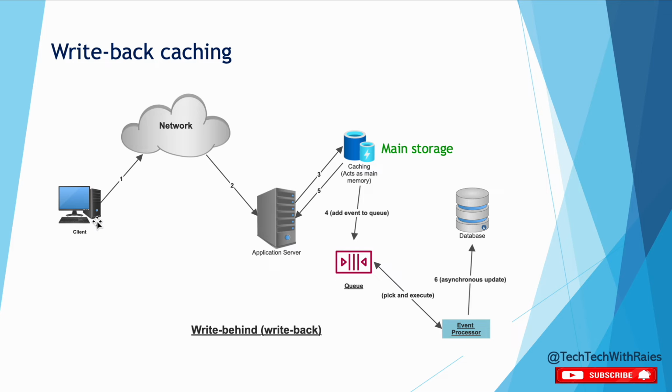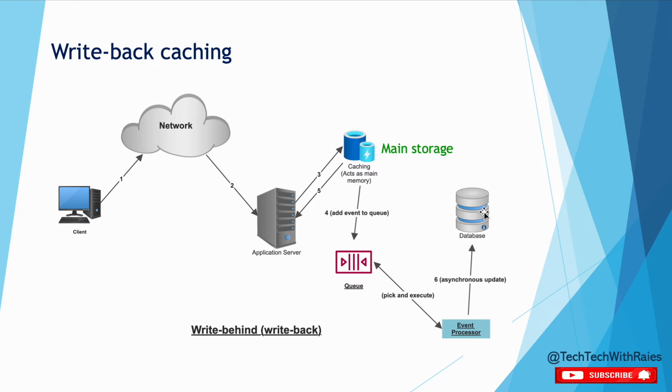The client sends a write request. The write request lands at the application server, and the application server writes the data to the caching layer and also adds an event to the event queue. And there is an event processor which picks up this event and asynchronously transfers this data to the actual data store, which is the database.